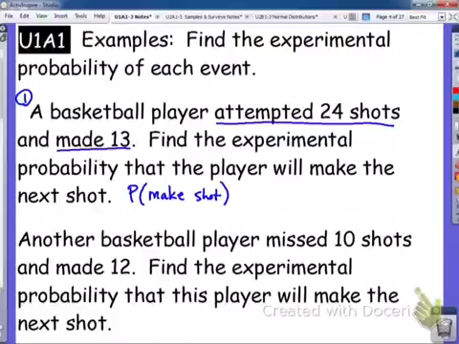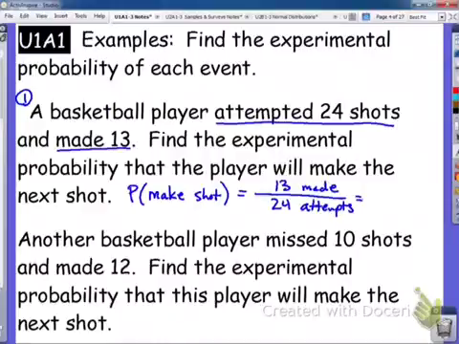So the probability that the player will make the next shot is equal to the number of successes divided by the total number of attempts. So they made 13 and had 24 attempts. So 13 over 24 is the answer.